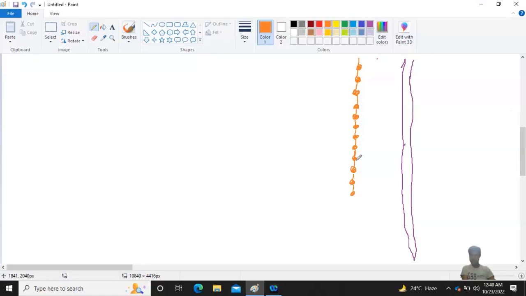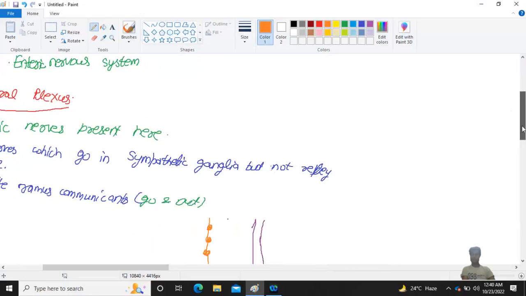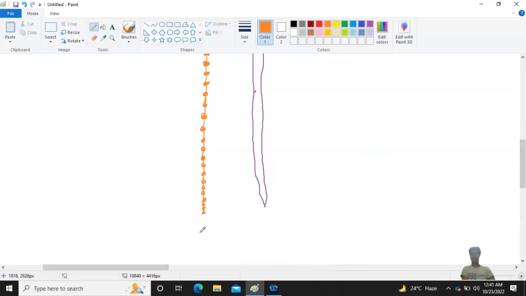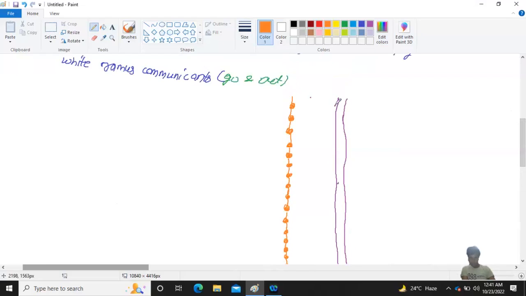Then in the lumbar region there are around four ganglia, and then in the sacral region three to four ganglia. The nerves come out from the spinal cord as the white ramus communicant.